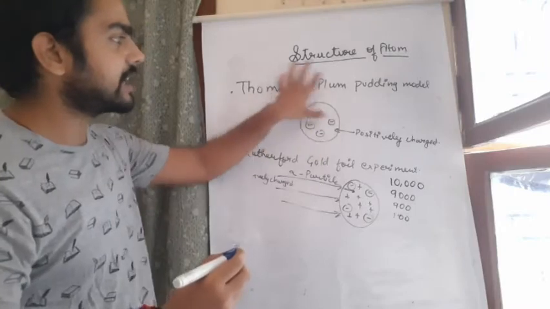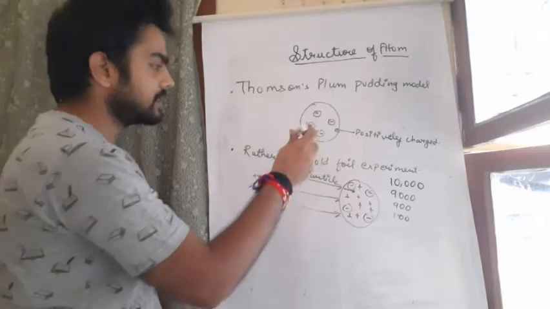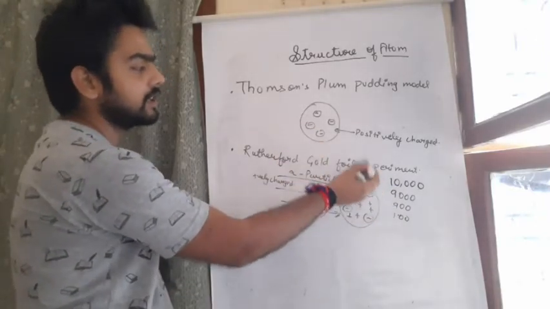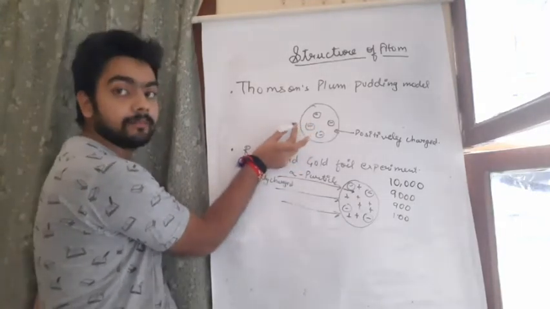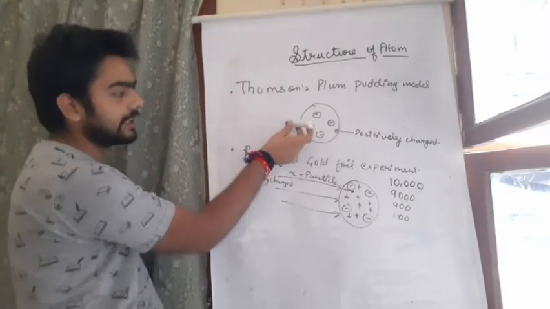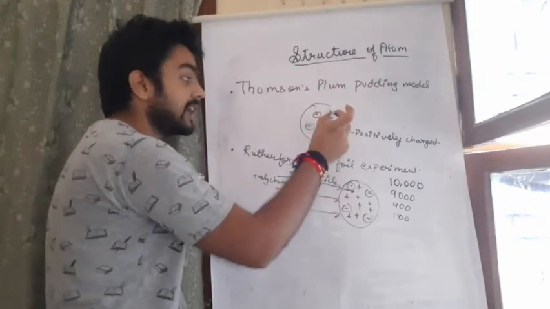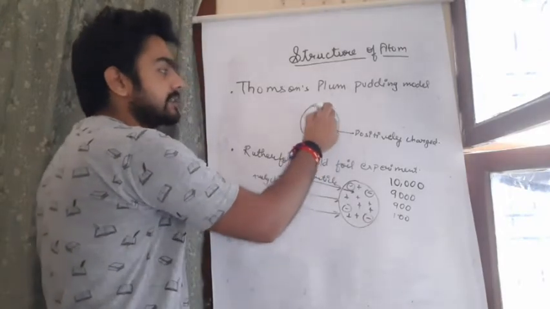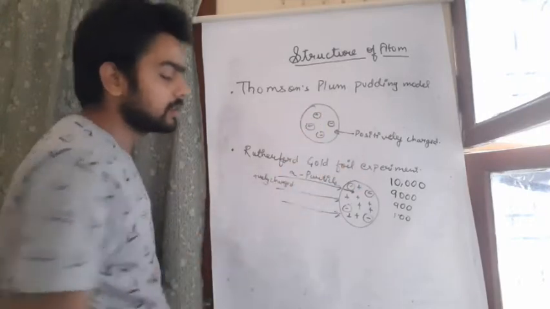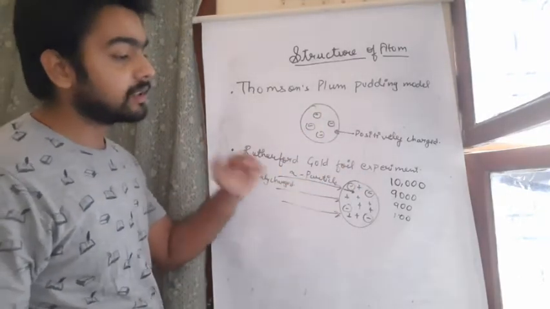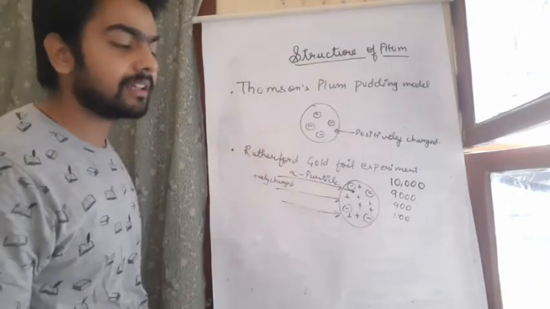If all the black portion is negatively charged, what is written or drawn, then some of them, like 900 out of 10,000, if passed in close proximity to the negative charge, like from here, should deflect at smaller angles, not 180 degrees but should go like this. And 100 out of 10,000 is a chance that it goes from right here, that is negative charge, the one written in black, and it should pass undeflected at 0 degrees. So if this model was right, this should be the result.